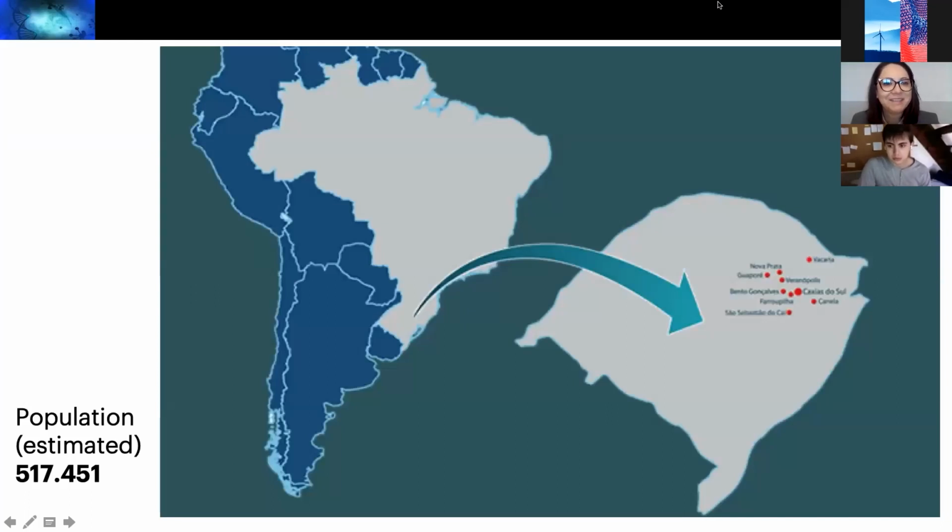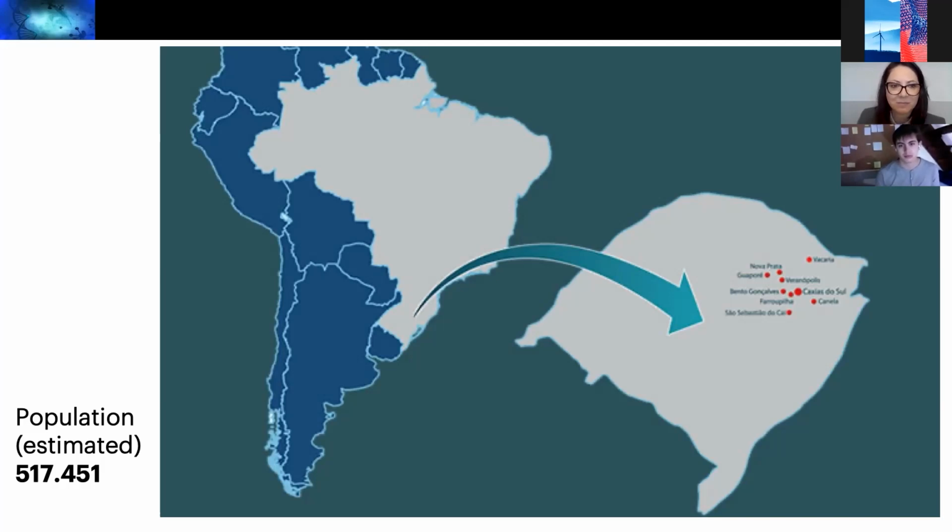So where we are located in Brazil, because I think that Caxias do Sul is not a big city and not very well known. We are in the south of Brazil, in a region of mountains, around 800 meters above sea level. Here in the mountain region, these points are cities where the university has some locations.